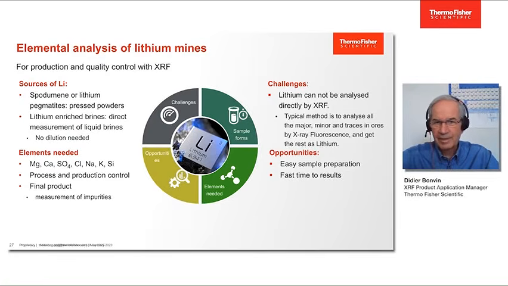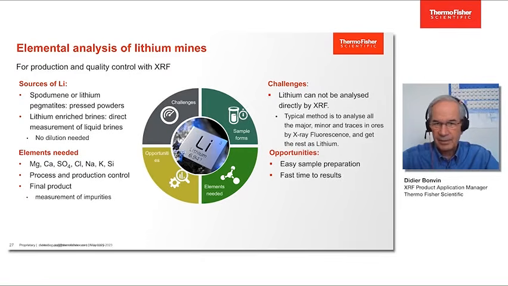The challenge is that lithium cannot be analyzed directly by X-ray fluorescence. So a typical method would be to analyze all the major, minor, and traces in the ores by X-ray fluorescence and get the rest as lithium. That's one way to do that.